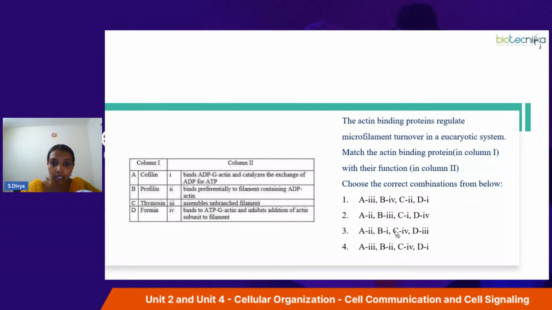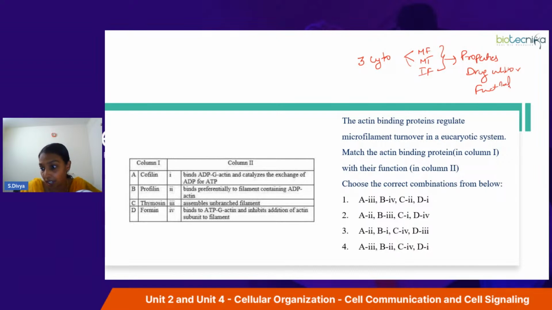On this aspect, I just wanted to remind you of one more thing. You have 3 cytoskeletal proteins: microfilaments, microtubules, and intermediate filaments. Remember their properties, drug inhibitors, as well as the functional difference.